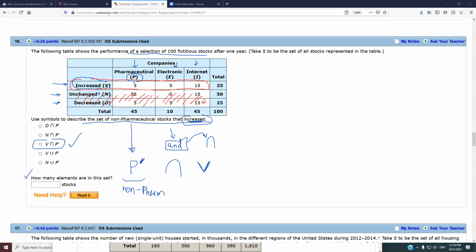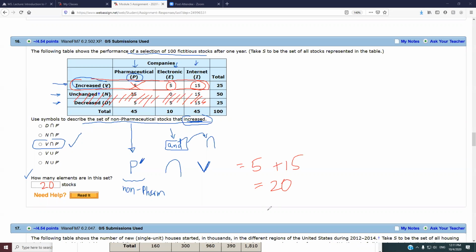So I'm going to cross this out because I need non-pharmaceutical. Well, that only leaves 5 and 15. Those stocks are the stocks that belong in this set. So the answer here is 20.